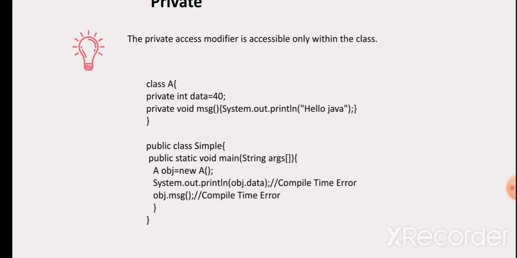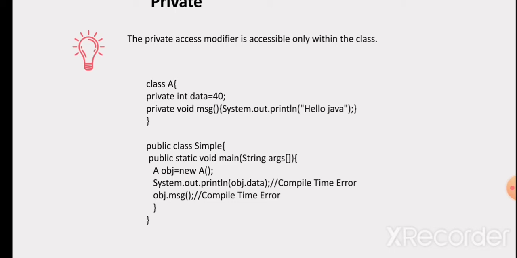How do I call it? I call it obj.data or obj.msg. obj is the object variable of class A. But you see that this is a compile error. If you write this program and compile it, you will see the error message. Why does it show an error?